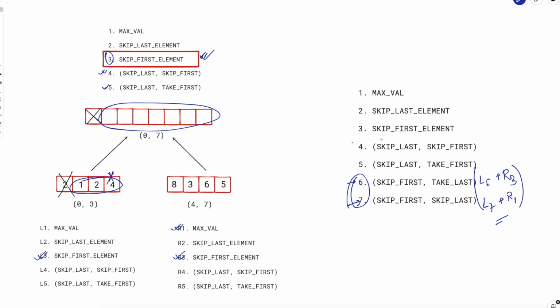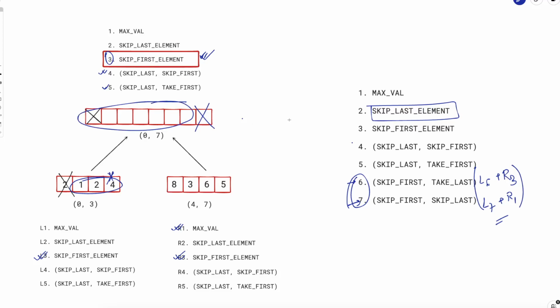Why? I would strongly encourage you to pause and try to think at least 15 minutes for yourself. So let's look at this value, skip last element. What does this mean? This means: what is the maximum subsequence sum if I skip this element? In other words, what is the maximum subsequence sum for 0 to 6?